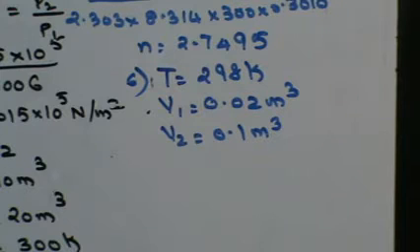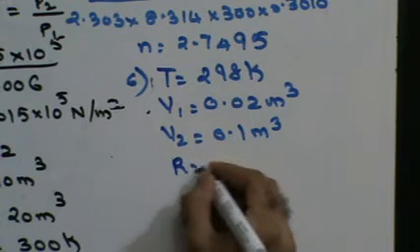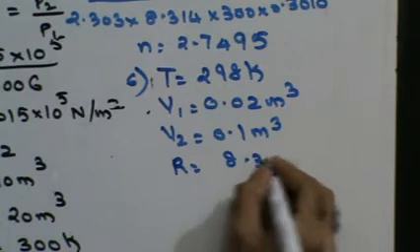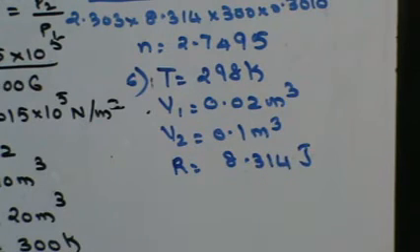Calculate the maximum work done if R is 8.314 joules. Simple, straightforward sum. Everything is given to you.